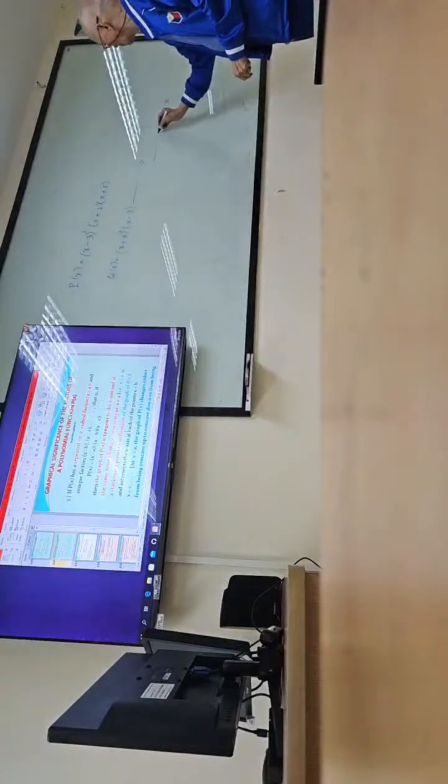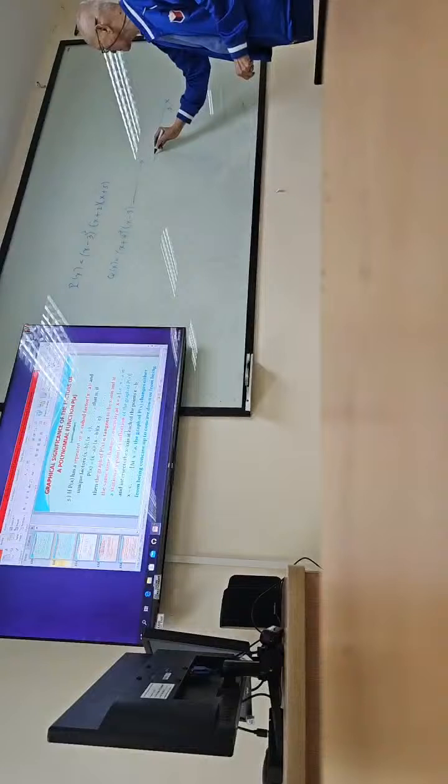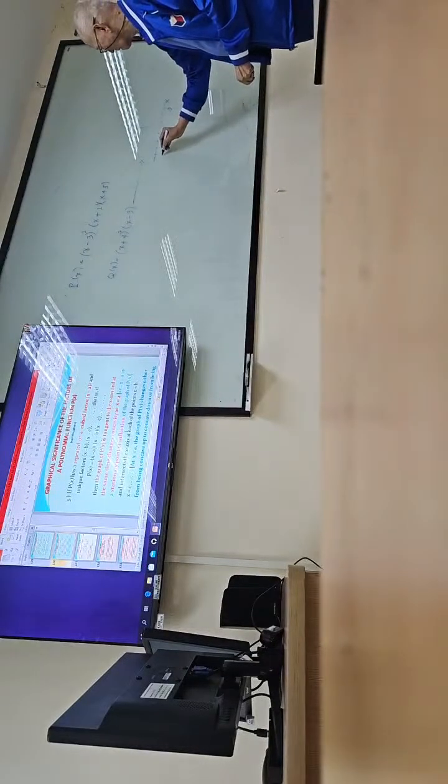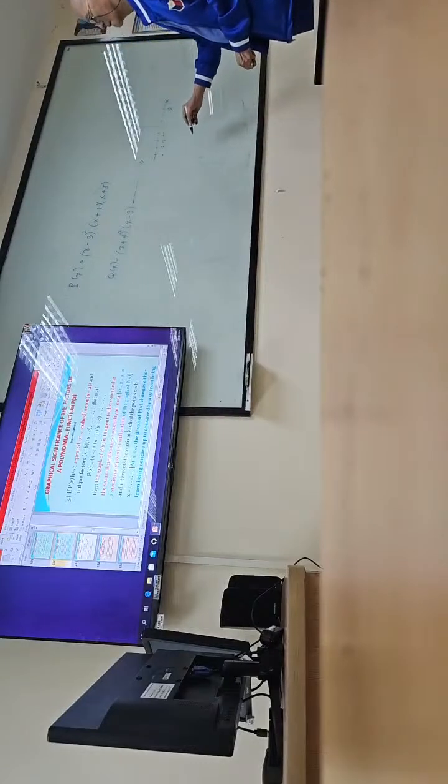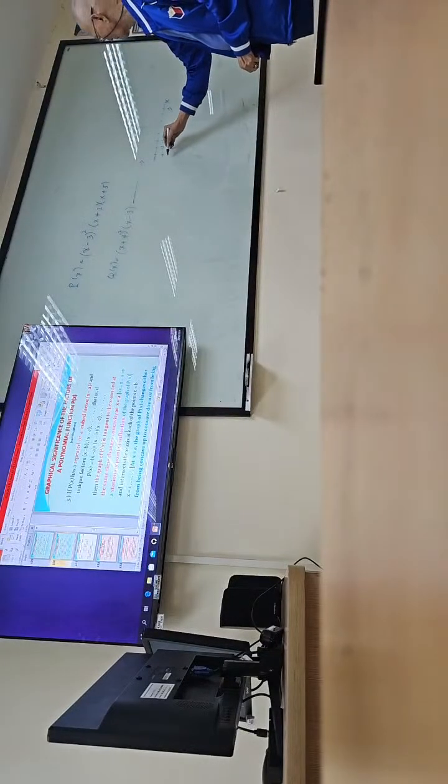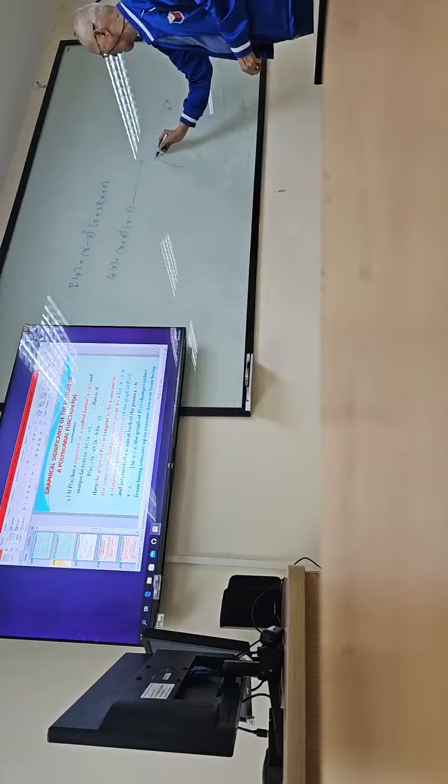One, two, three, minus four. One, two, three, four. Okay. So, am I right? It's tangent at x equals minus 4 and crosses the x-axis at 3.